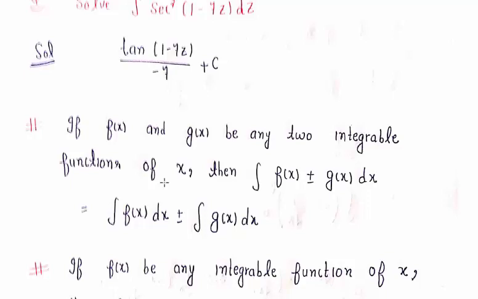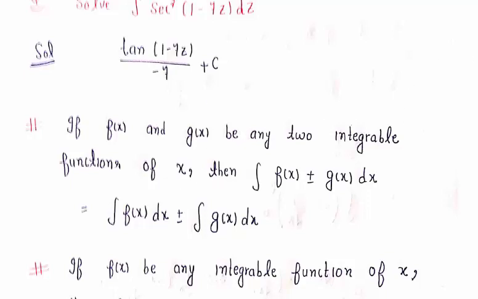That means if in an integration we have the sum or the difference of two functions, then this integration equals the integration of the first function plus minus the integration of the second function. Let us suppose we want to find the integration of x cube plus sin x with respect to x, then this equals the integration of x cube plus the integration of sin x.